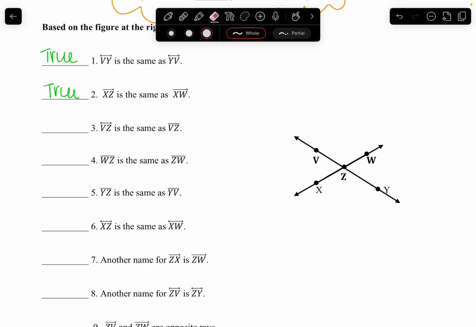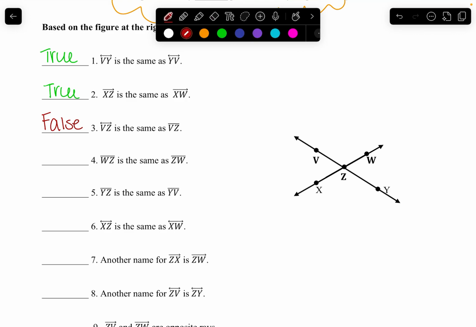They did use the same letters, but if I'm looking at VZ, this is line VZ, and then this is the line segment VZ. And they're not the same. There's no way that they're going to be the same. So this is going to be false. And if you need to make a note to yourself why we said that that's false, you can write that off to the side.